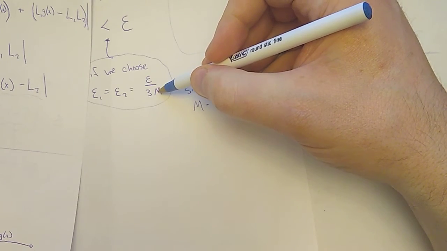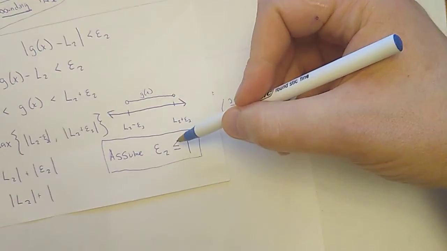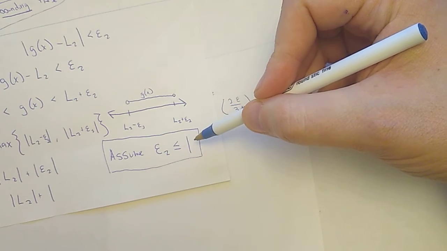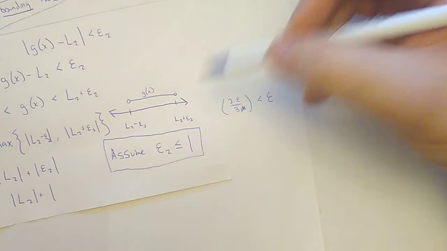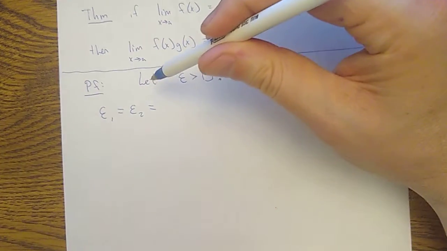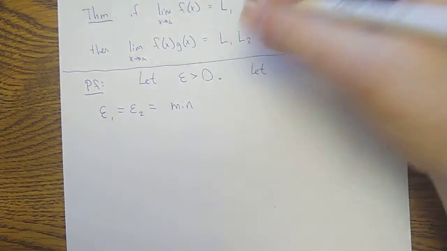At some point I said epsilon over 3M, but I also said at some point, let's assume that epsilon 2 is at most 1. So here's how I'm going to say both things. What's important about these epsilons is that they be small, so I'm going to choose them small enough to satisfy both requirements.